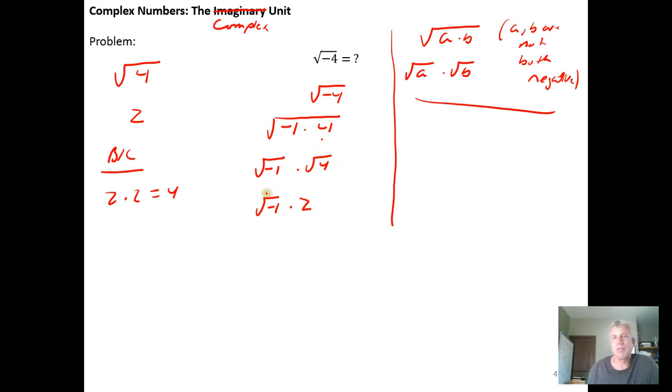And then what we're going to do is give this guy here a name. We're going to say, let's call the square root of negative 1. I know it's not 1 because 1 times 1 is positive 1. And I know it can't be negative 1 because negative 1 times negative 1 is positive 1. So let's give this a name. Let's call this i. And this is the complex unit.